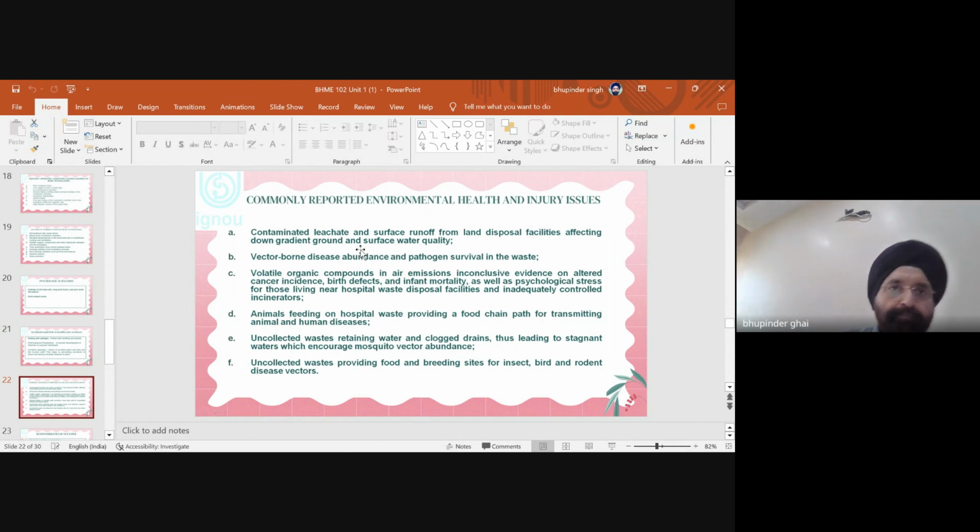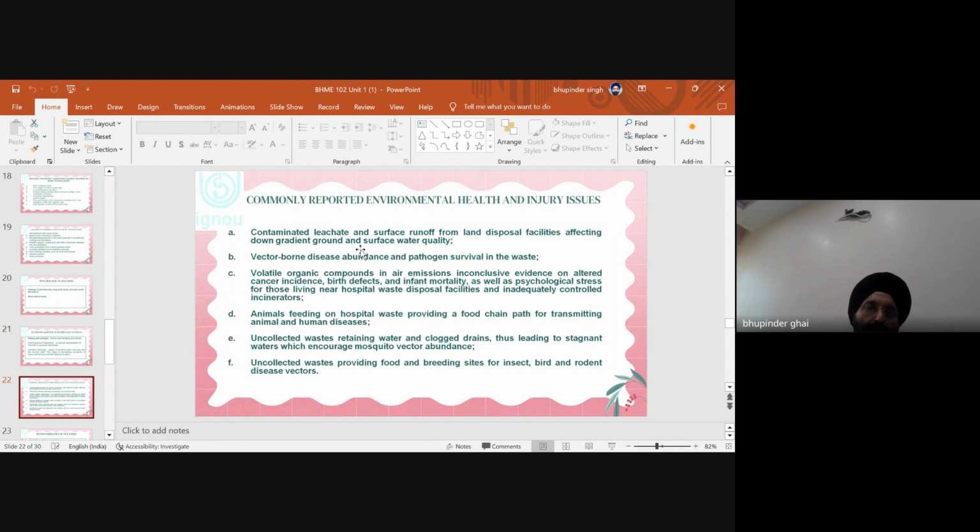So what will happen in those landfills, the chemical or the fluid or toxic material which is there in the waste, slowly it will go down and penetrate the earth and contaminate the groundwater. Or if it's at a higher place, it will move down to the lower place and contaminate the water bodies or soil over there.